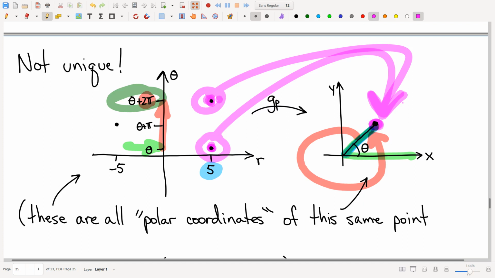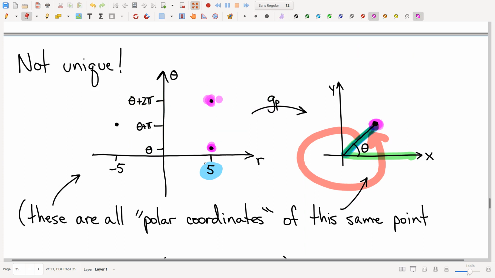So they're not unique. And by the way, you can add 2 pi anytime you want, right? As many integer copies of 2 pi, and every time you add a 2 pi, it just loops you around. How many times you go around doesn't change the fact that you're still pointing in exactly the same direction. Okay. All right, so there's infinitely many polar coordinates.